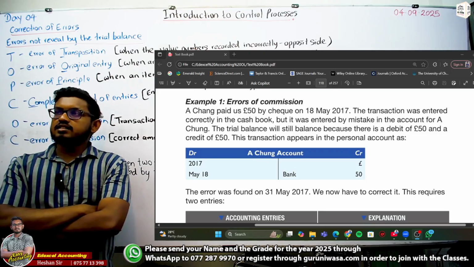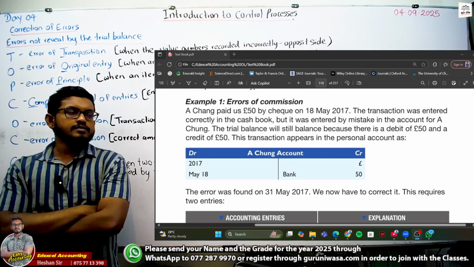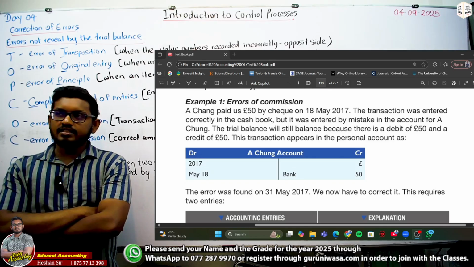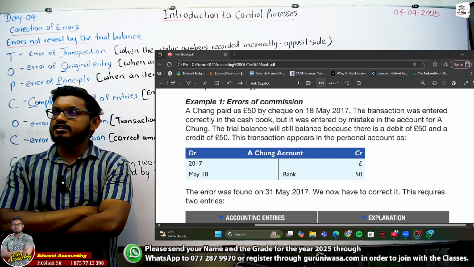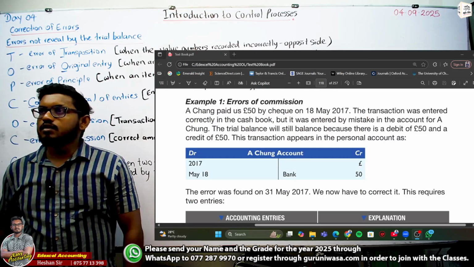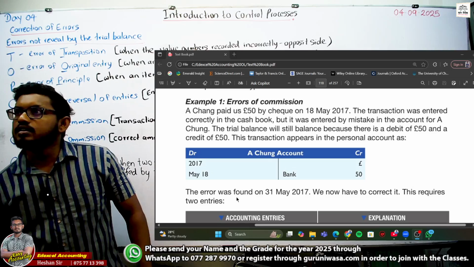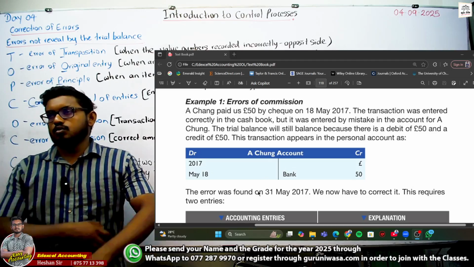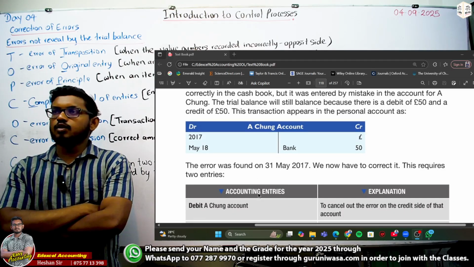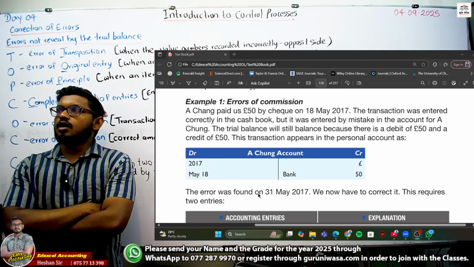Now, the transaction is cash credit. A Chang should be debited. A Chang is a creditor, that's why when we are paying, the liability decreases. But here you can see what we have done. We credited the bank account in the cash book, in the same column, and mistakenly debited another account.